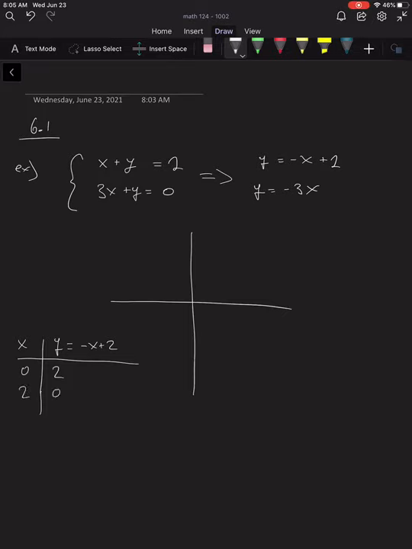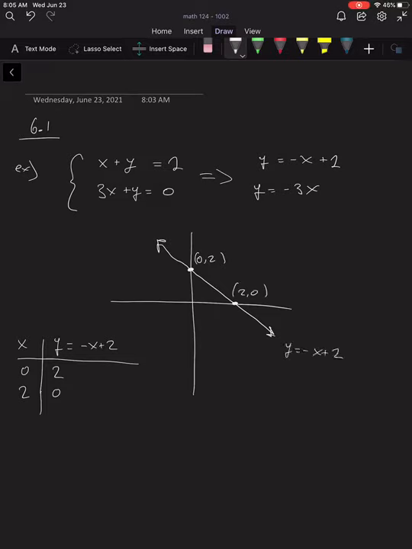So we have those 2 points on the line: 0, 2 and 2, 0. Let's draw that. This was the line y is equal to minus x plus 2.